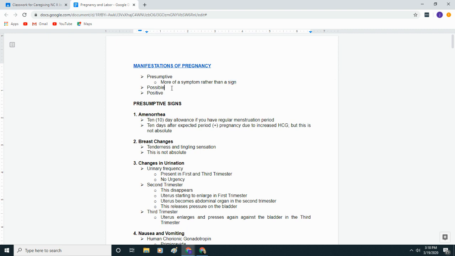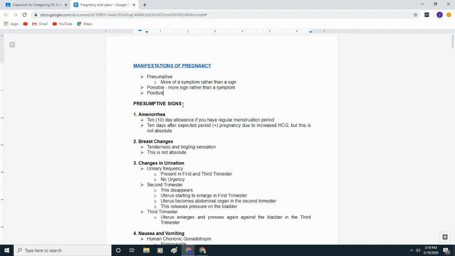For the positive sign, this is the confirmation that the mother is pregnant. This is also a test which confirms that there is a growing baby inside the uterus.